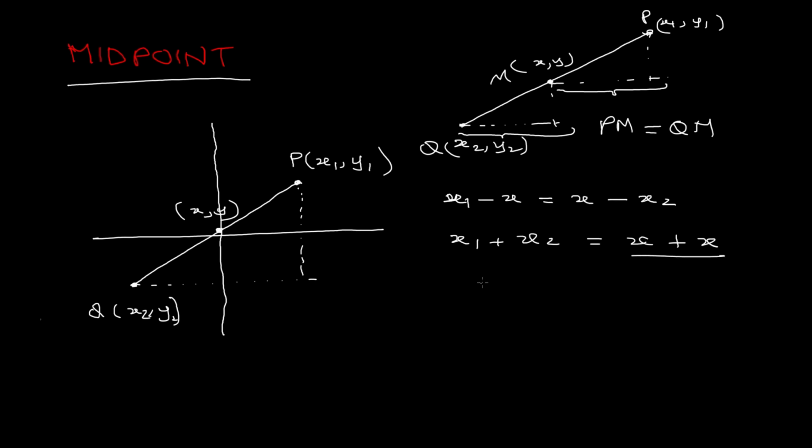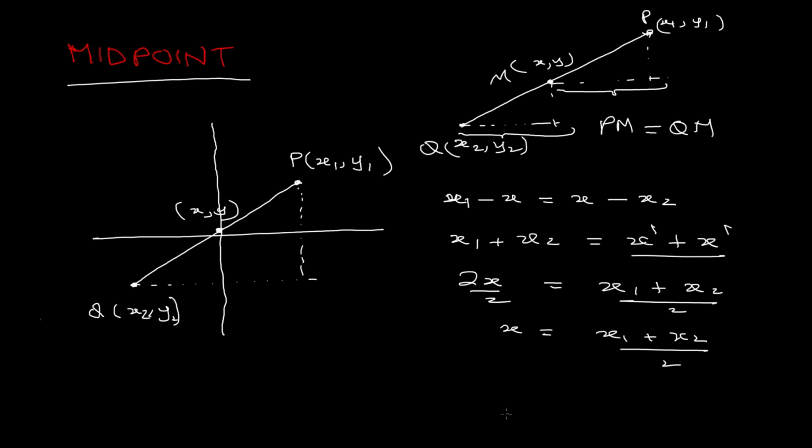This becomes 2x, because we are adding variables here. We check the exponents or powers are the same, so those can be added. So 2x is equal to x1 plus x2. Now we divide here and we divide there. So x in that single plane becomes x1 plus x2 over 2.